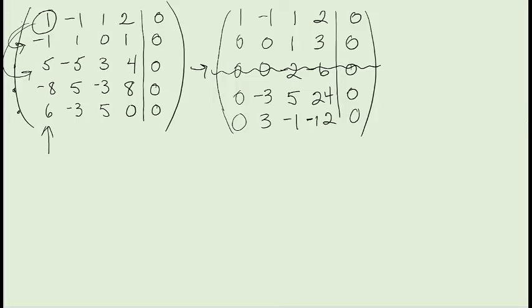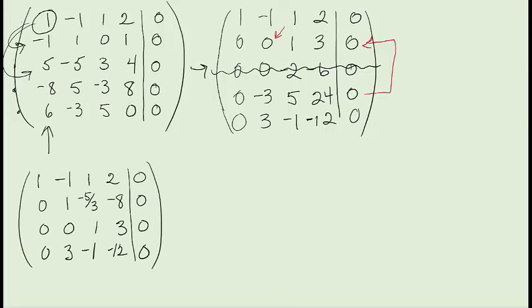Now I need a 1 in this position here, and I have a 0. So I'm going to take one row and move it up. And I think I will just take this row here and move it up to that second position, move everything else down, and while I'm at it, I'm going to divide by minus 3 to get the 1 in the place that I want it.